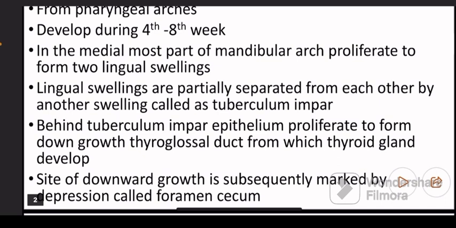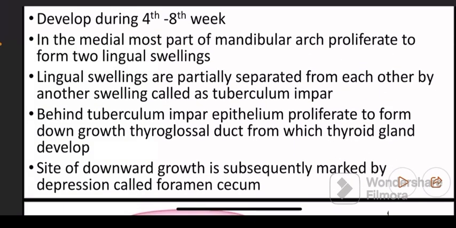The main origin is from foramen cecum, but the formation of thyroid gland we are going to discuss in further videos. Now we are going to discuss what will happen to the lingual swelling.